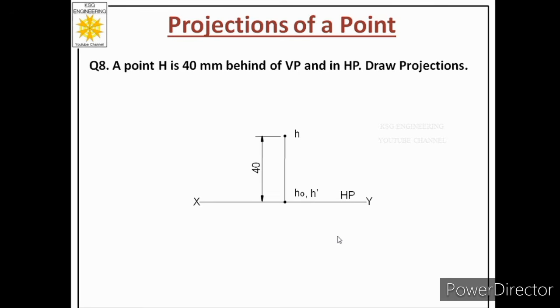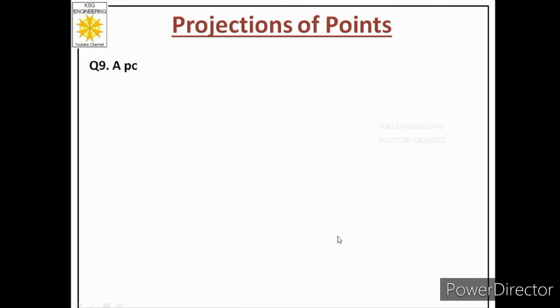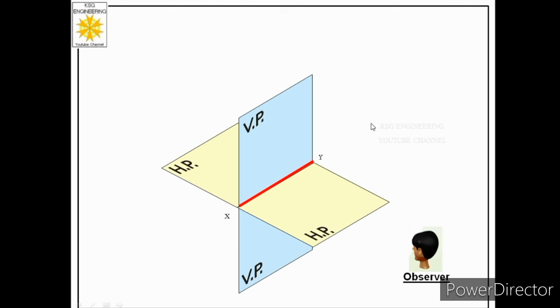Now we will discuss the last case of projections of point chapter. So let us read the statement. He says a point I is in VP and in HP. Draw projections. So it means the point is on the reference line. So in this case, if we have to draw its front and top view, then what will happen? Ray of sight from the eyes of observer will strike the point, and point itself will be called its front view.